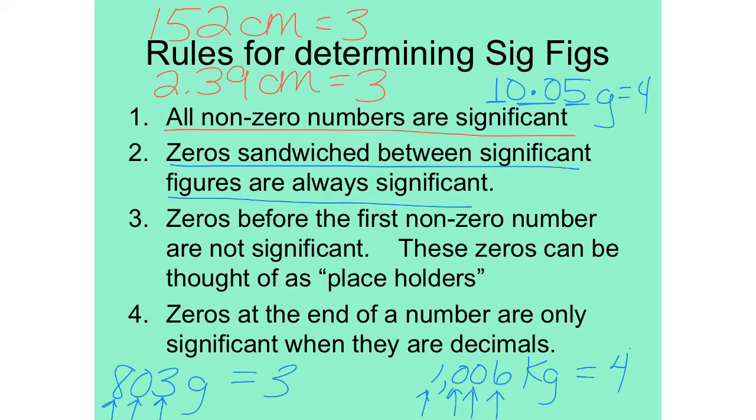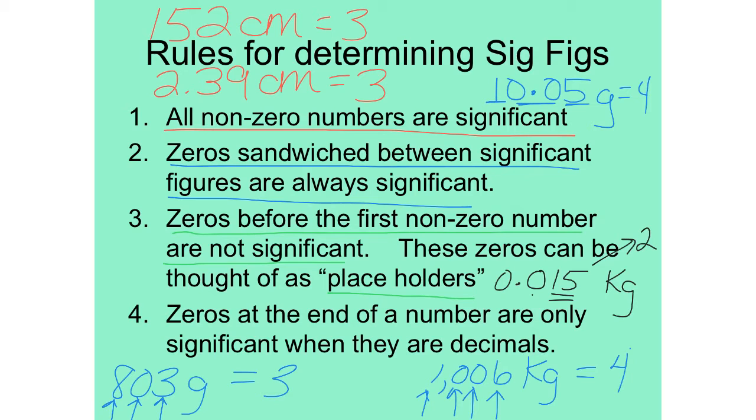Okay, next rule here, zeros before the first non-zero are not significant. They can be thought of as placeholders. Let's look at an example of that. Let's say we have 0.15 kilograms. This only has 2 significant figures because that first zero comes before the non-zeros.